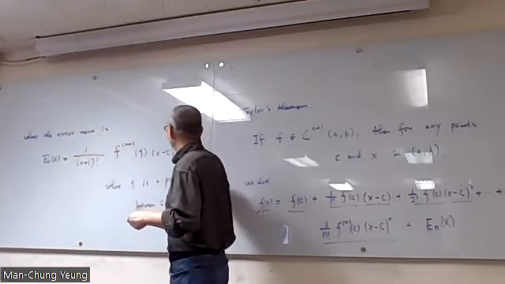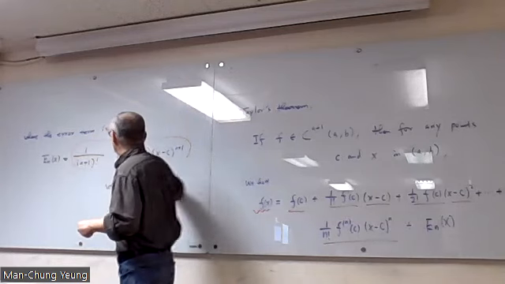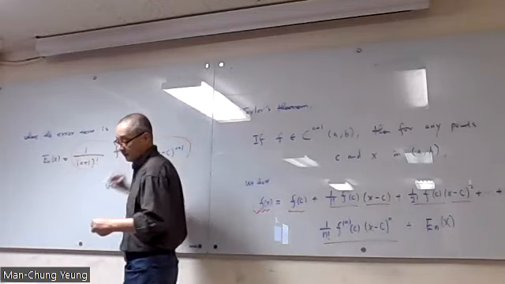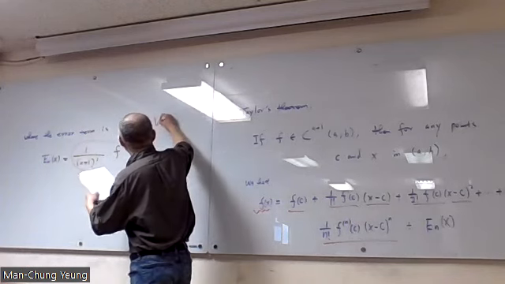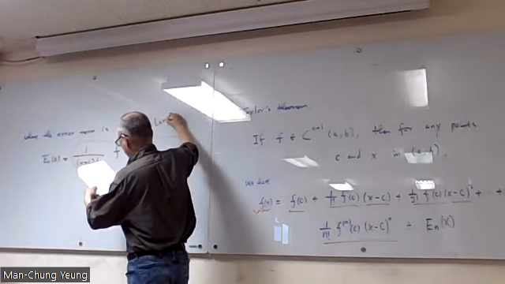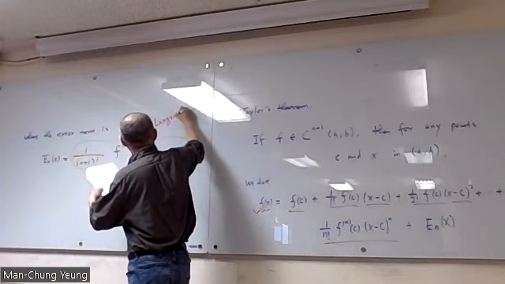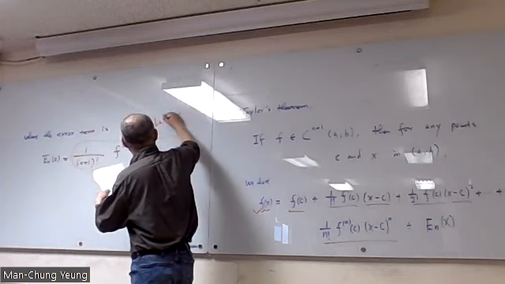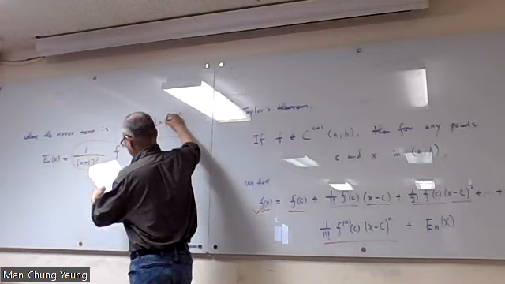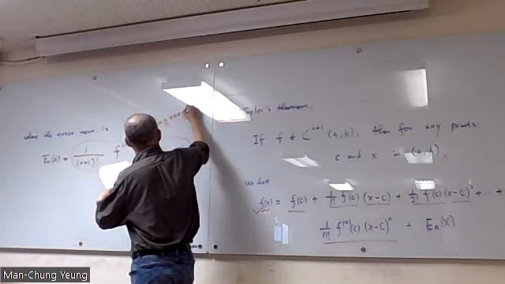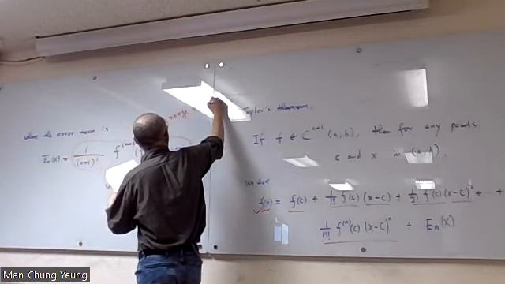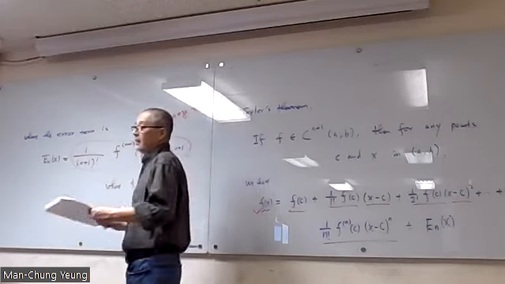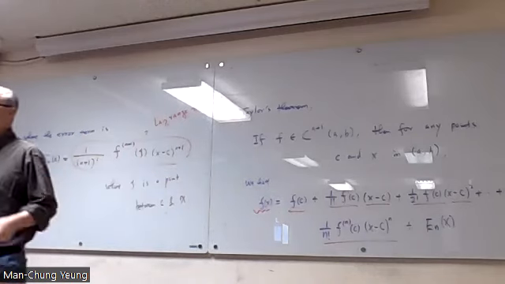The error in this form is called the Lagrange error, or Lagrange remainder.